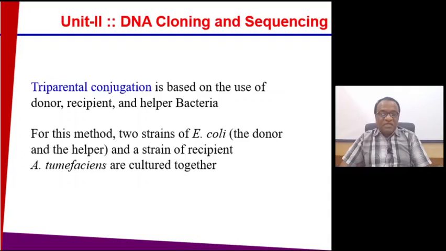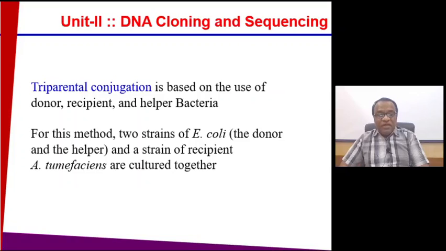Now, for this method, two strains of E. coli, that is the donor and the helper, and a strain of a recipient, which in this case is Agrobacterium tumefaciens, are cultured together.